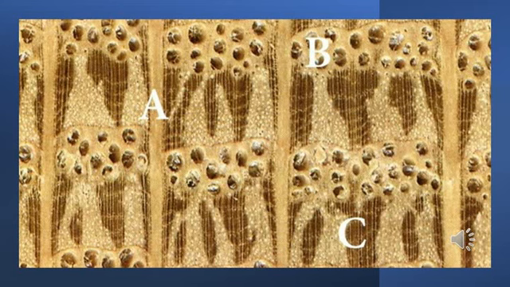This is a cell that goes perpendicular to the tree. That's kind of the pipeline for the nutrients and water to get into the center of the tree, and vice versa.